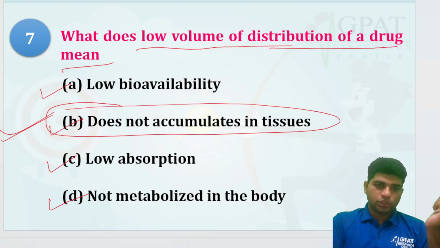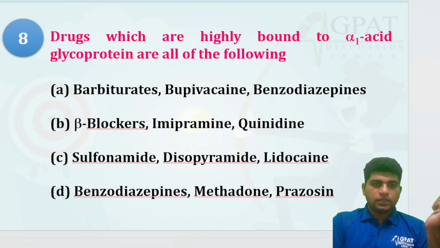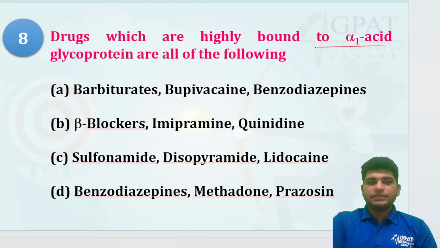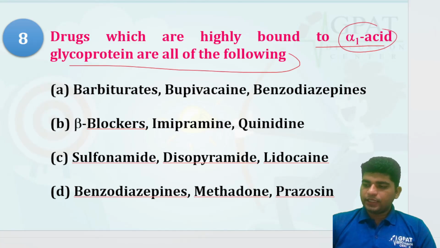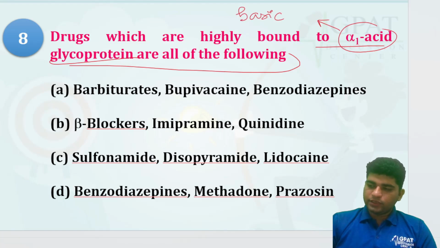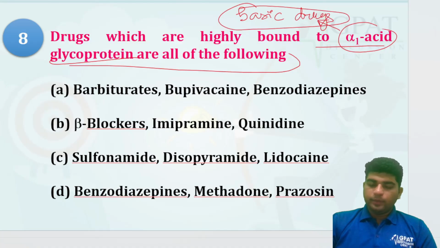Drugs which are highly bound to alpha acid glycoprotein are of the following. I've just told you that alpha acid glycoprotein binds to the basic drugs. So, which are the basic ones?